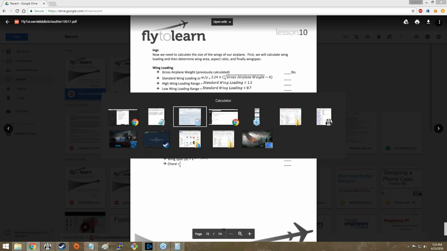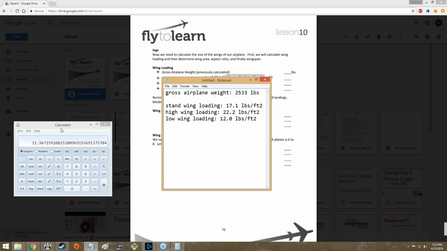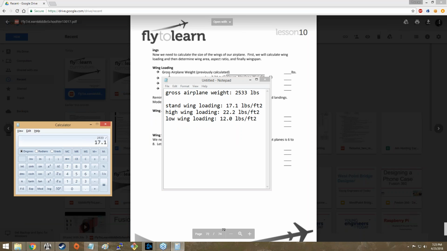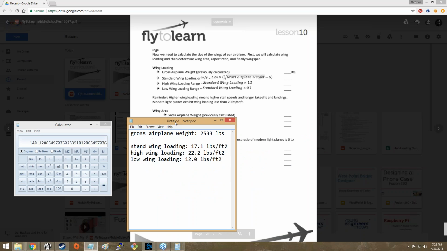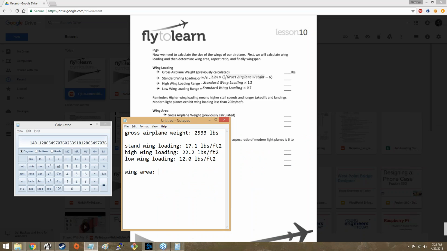So if we take our calculator and our notes, and we say 2,533 divided by 17.1. That gives us a wing area of 148.1 feet squared. And that's exciting, right?